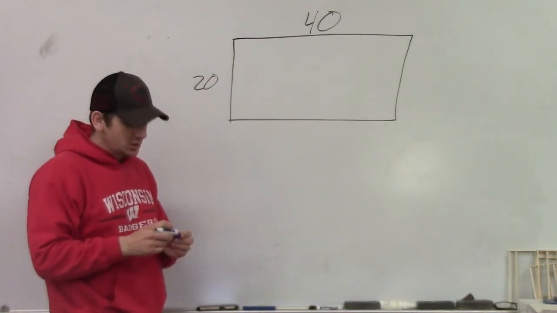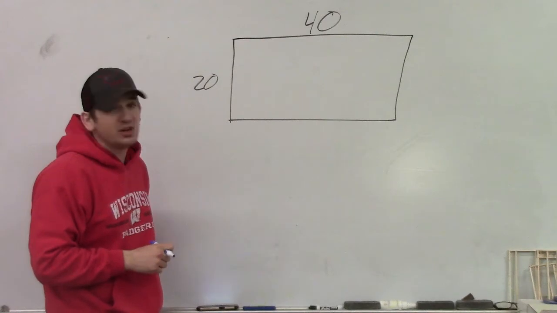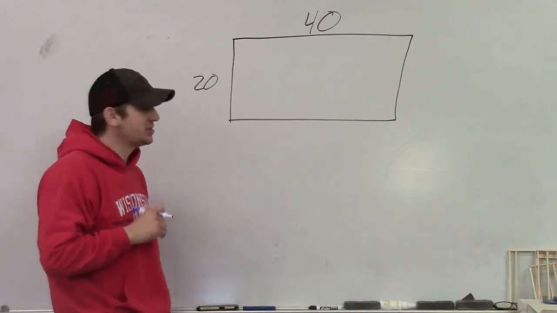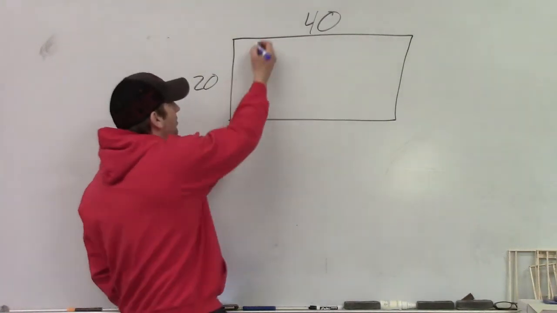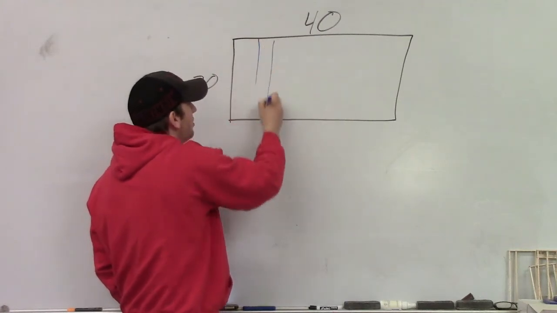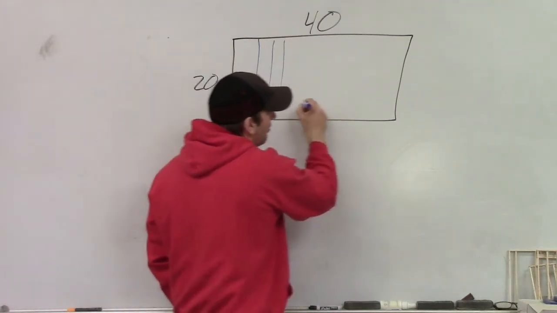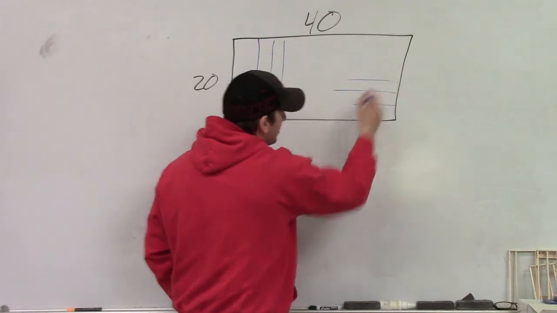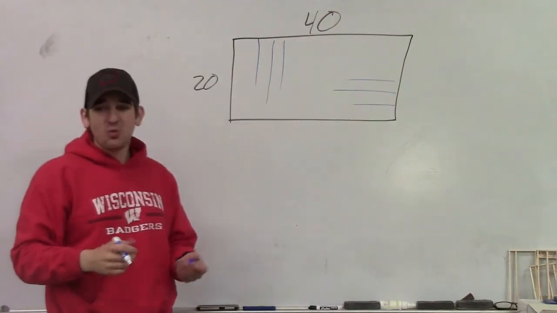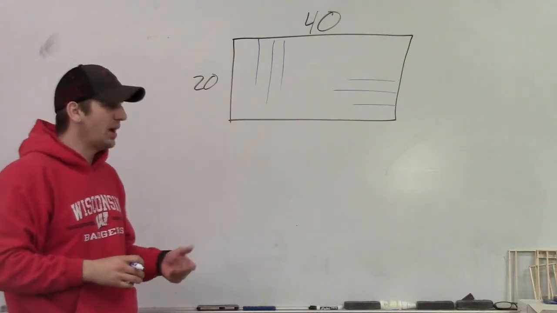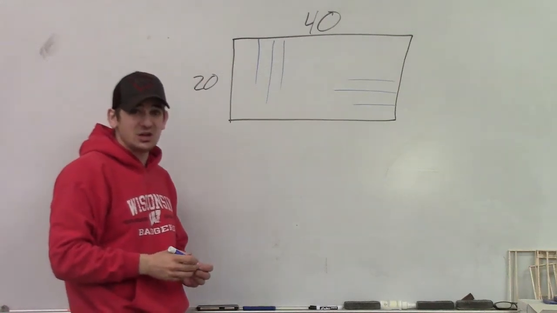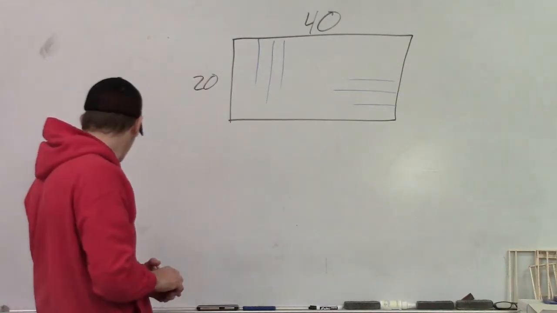So the first thing we need to do is figure out what dimension our joists are going to run. We have an option of running them the shorter dimension. We have an option of running them the longer dimension. Now, either way would work just fine, but one way is going to make it a lot easier for us to estimate.